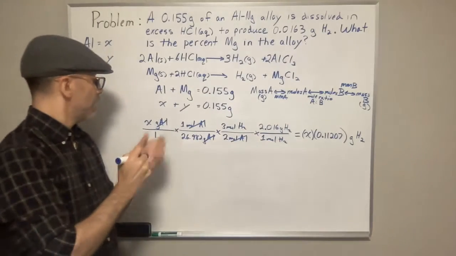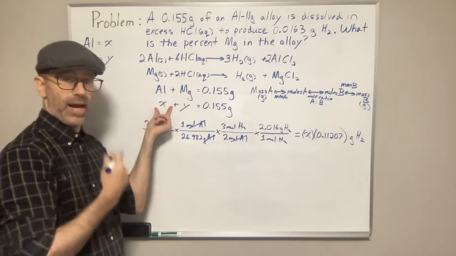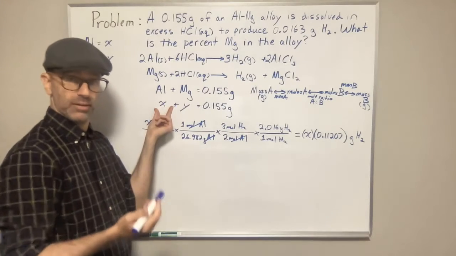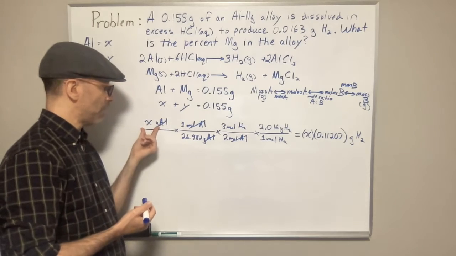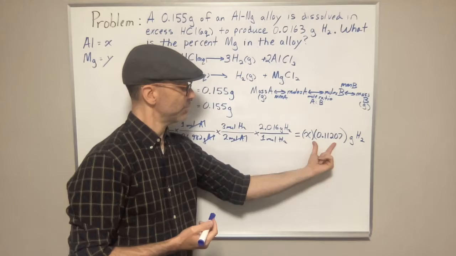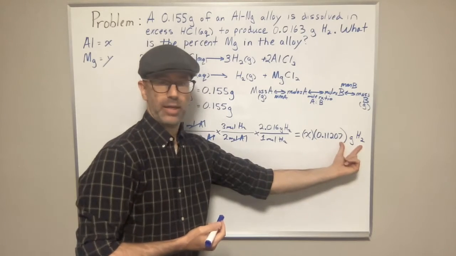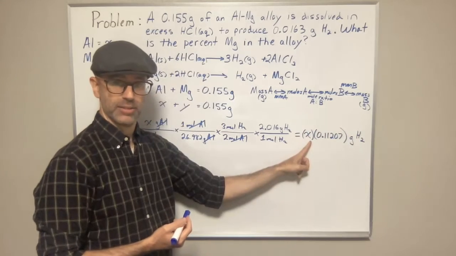So I started with X grams of aluminum, right? I don't know what the grams are, but we know it's X amount. And so I started with X amount and I converted that X amount into X grams of H2. So I've got grams of H2 in terms of X.